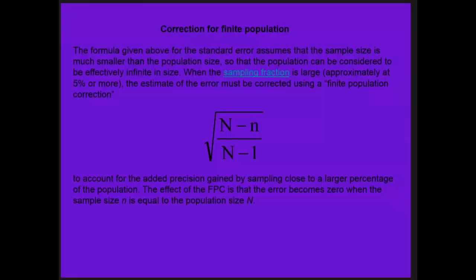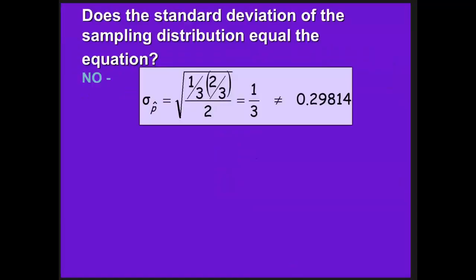And so if we have a very small sampling distribution, we would use these formulas to adjust our numbers. Using our formula, we end up getting a standard deviation of the square root of 1/3 times 2/3 over the sample size of 2, and we end up getting this number, and that's not quite right for the overall population.